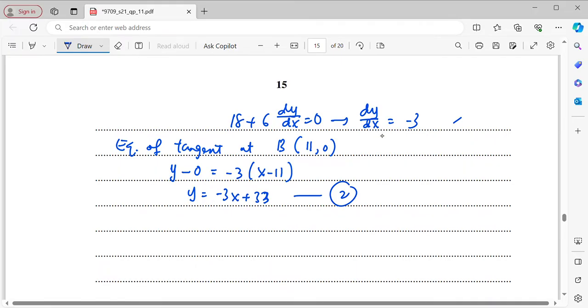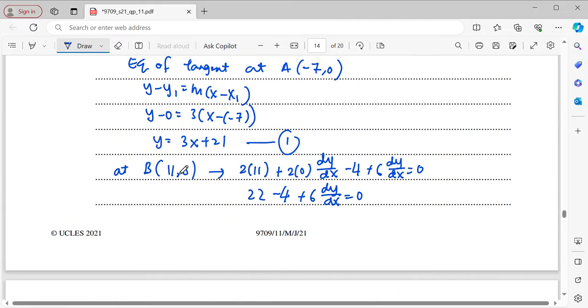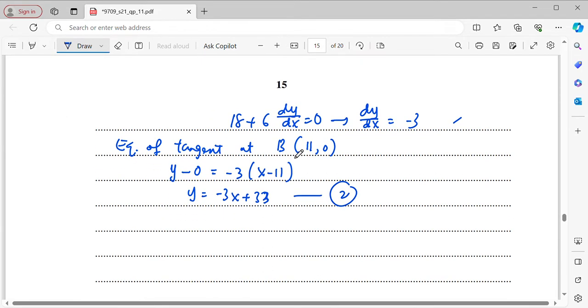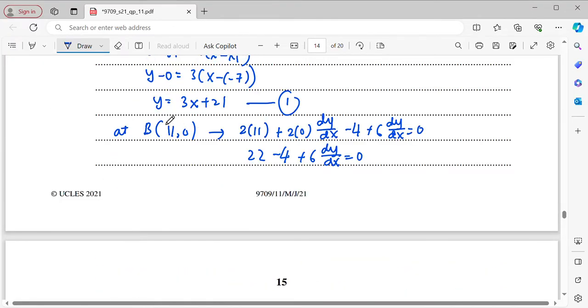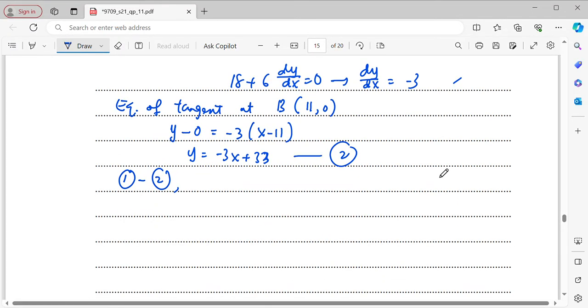I will use the elimination method because both left-hand sides equal y. I will do first equation minus second equation, because the second has a negative x. When you subtract, the y minus y will be 0.